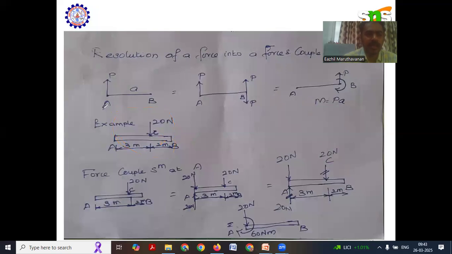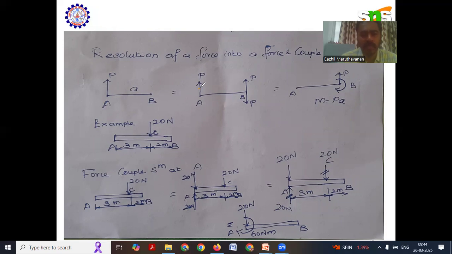See here, a force P is acting in the upward direction at point A. I want to replace the force P at B with a couple. So I'm introducing a force P at point B, in opposite directions, upward and downward. Now there is no change of resultant force in both images.